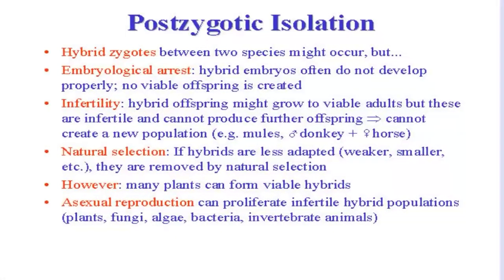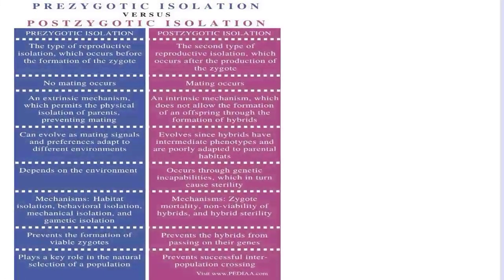Then the post-zygotic isolation appears after the formation of the zygote. It may be a hybrid zygote when the two species meet each other and form a hybrid. Infertility, natural selection and hybrid inviability are some mechanisms of post-zygotic isolation.